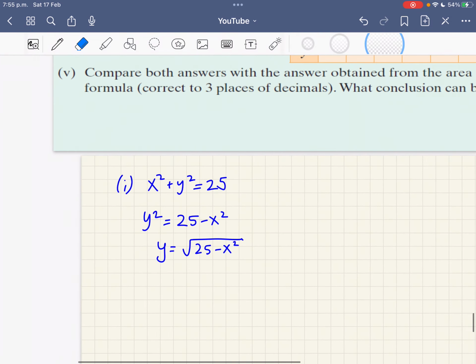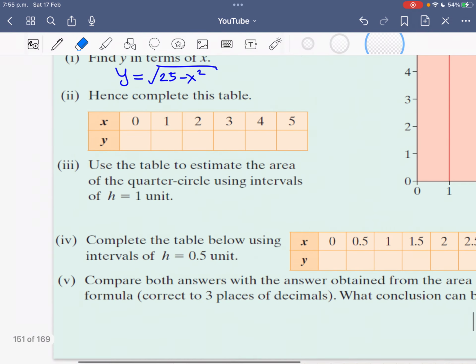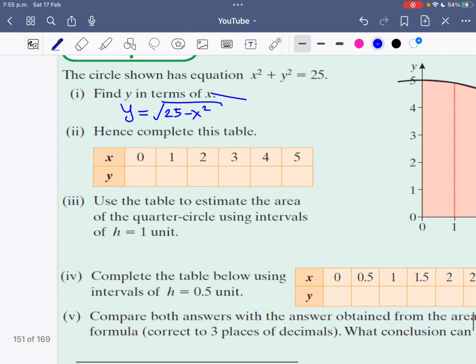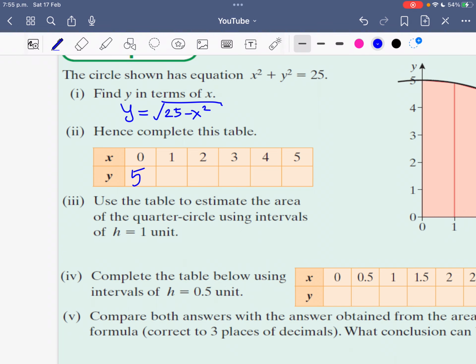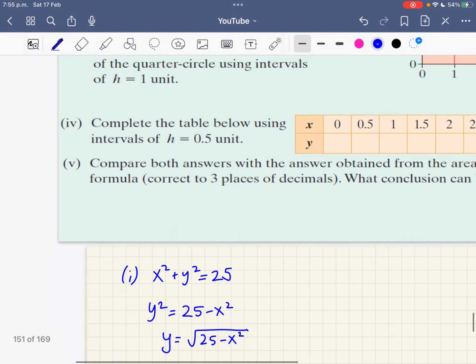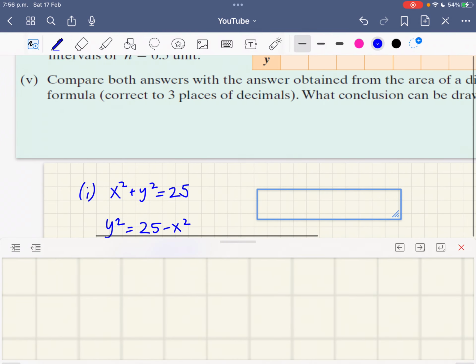So that's finding y in terms of x, and I have that written up here. Now, using that, complete this table. So when x is 0, find y. Well, that's just going to be the square root of 25, which is 5. Then we'll show some work for the rest of these.